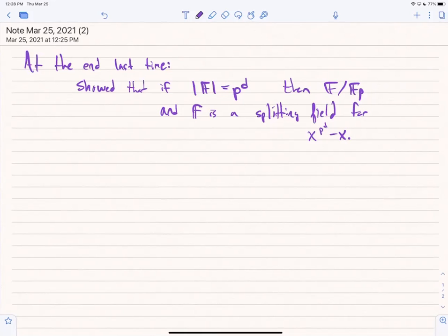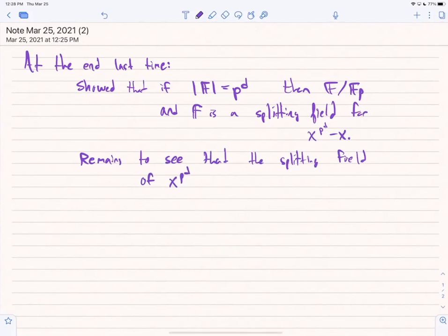And so in particular, once you know that, and once you know that a field of order p to the d exists, this gives uniqueness up to isomorphism, because we know splitting fields for some fixed polynomial are unique up to isomorphism. So we still need to see that the splitting field of x to the p to the d minus x is a degree d extension.